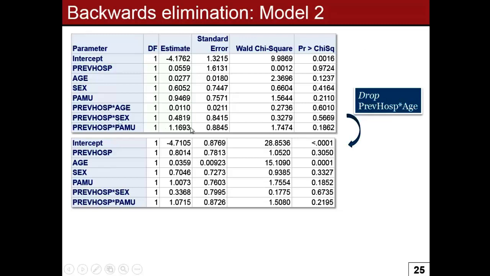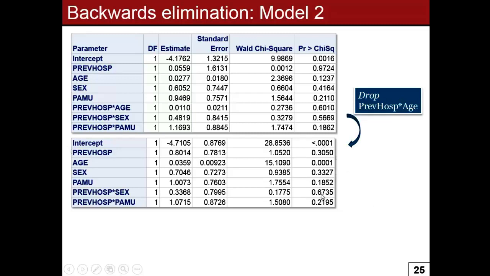These are the deltas, and these are the Wald p-values, let's say. None of them look very statistically significant, but I'm going to drop the term that is the least significant. That's this 0.601 here associated with previous hospitalization times age. Then I rerun the model and reevaluate.